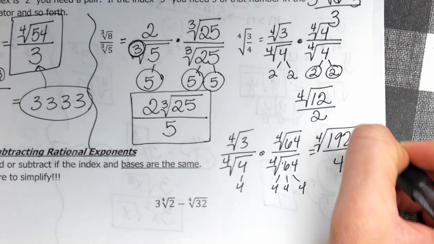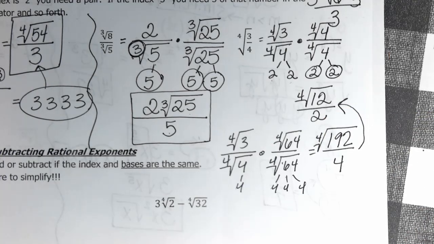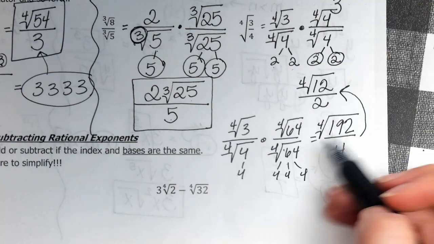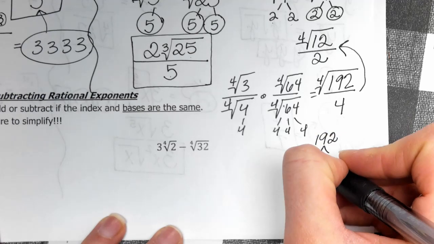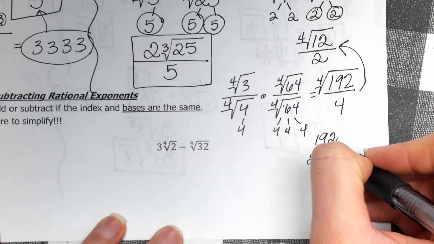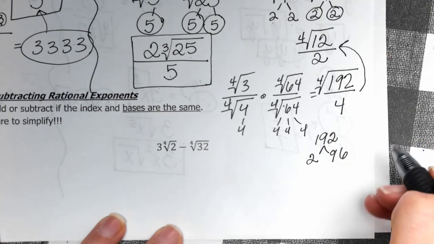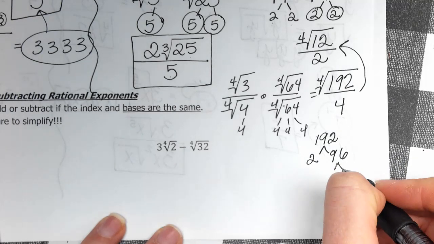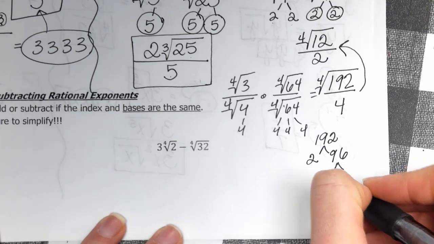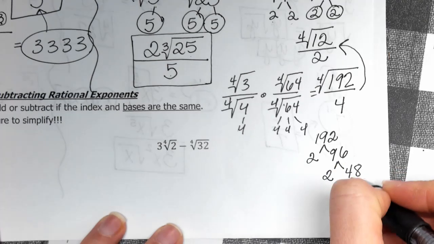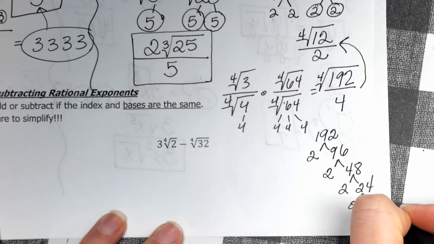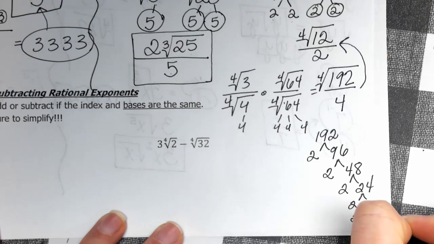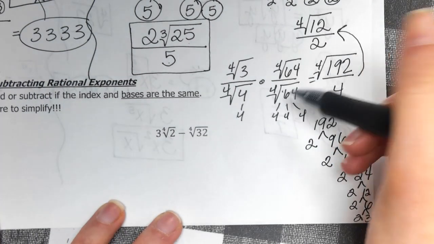Which this will simplify to. Okay? So had you worked it out like this, you'd be doing 192, which splits 2 and 96. 2 and 48. This is a very long tree. You're doing the 4th root.